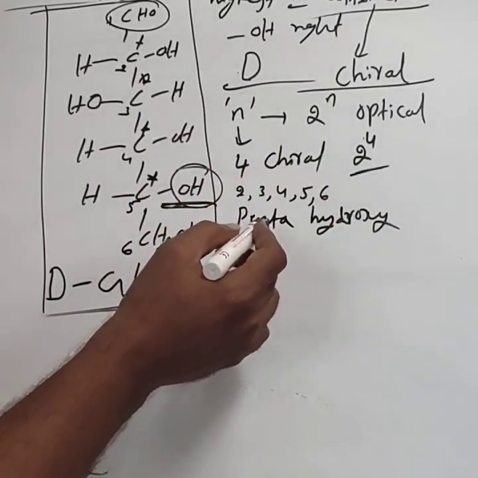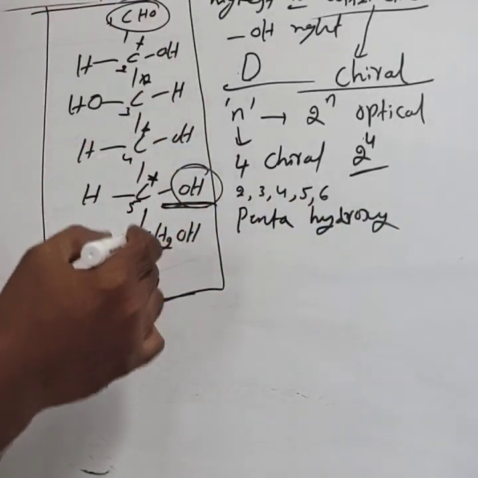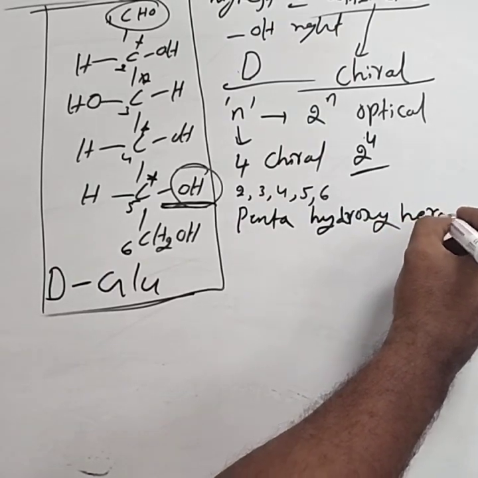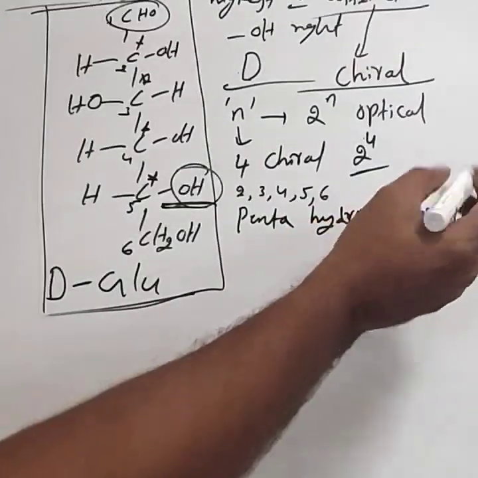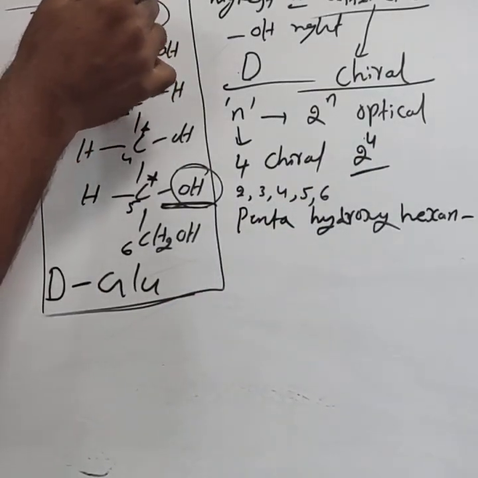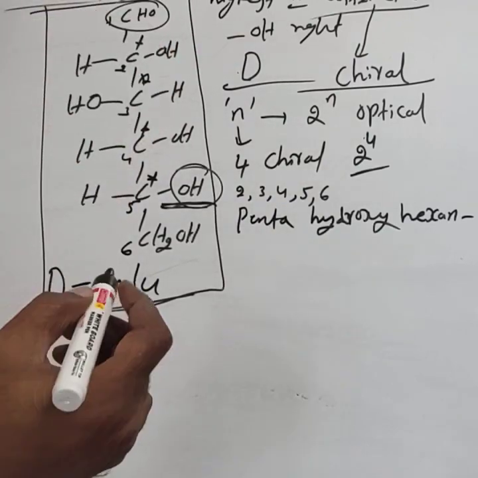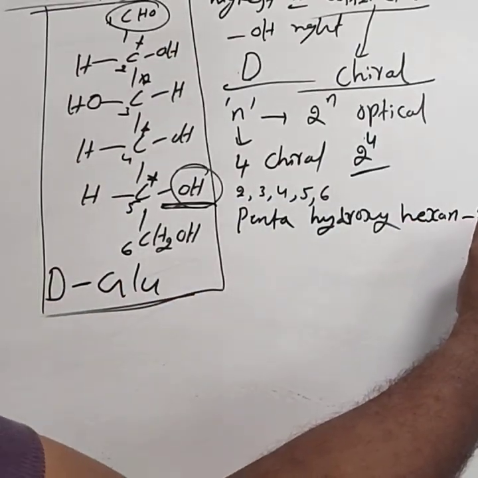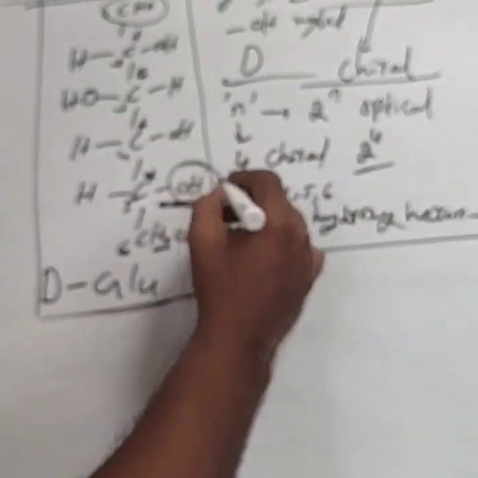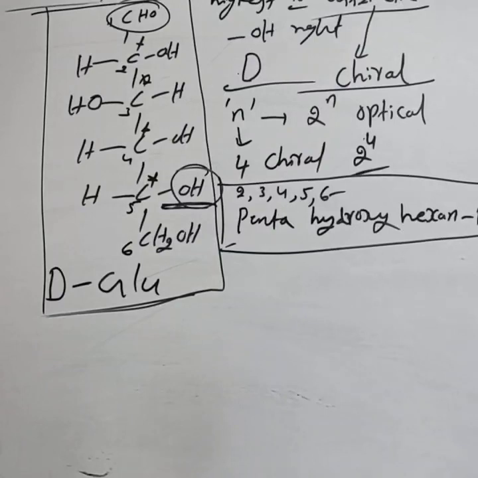The root word is for 6 carbon atoms, which is hexane. The last letter E is replaced by the suffix for the functional group. The functional group here is aldehyde, the suffix is al, and it is on the first carbon atom, hence 1-al. The IUPAC name of glucose is 2, 3, 4, 5, 6-pentahydroxyhexan-1-al.